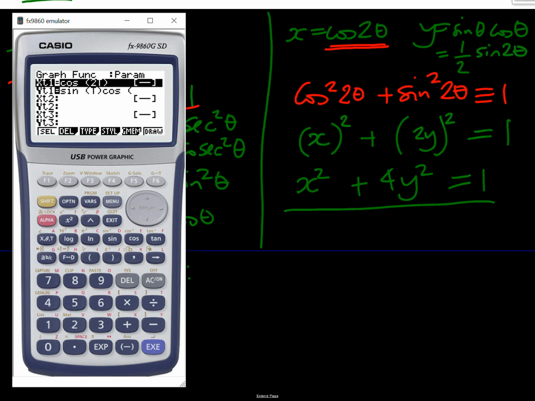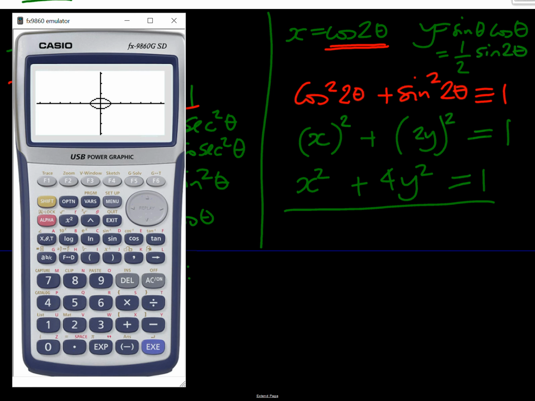Then we'll get an xt1, yt1 appear on our calculator, or it could be lower down your list, but you'll get a pair appearing. You can then type in the equations as you've been given them. So here we've got cos 2, and rather than theta it's got t in the calculator because that's immediately available. And the second line here I've got sine t times cos t, and then I'm going to press our draw function. Hey presto, it's showing us that we're looking at an ellipse.